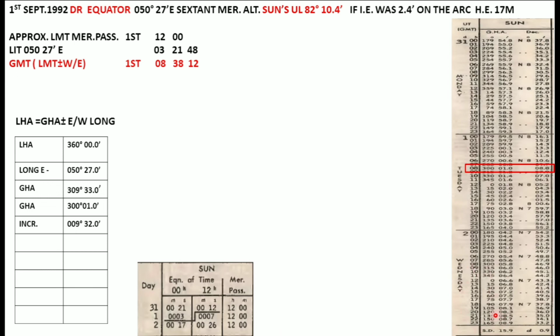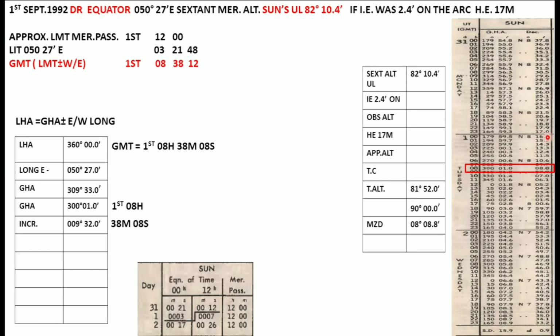When it is sun, there is no V correction, so you straight away get your GHA from here, an increment, and you can go to your increment table for sun and get the minutes and seconds. Now this is your exact time for meridian passage if it has been asked in your examination. Otherwise, you can always use the time that is given in your almanac here.